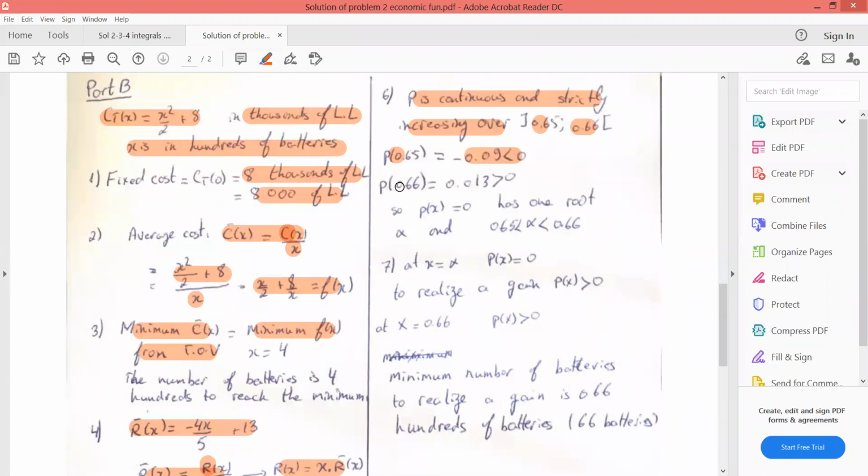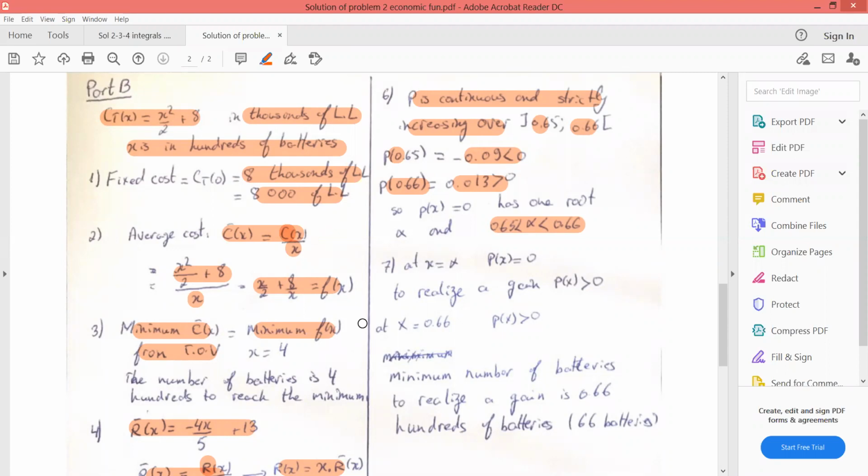And p of 0.66 we replace, and we get positive. So p(x) equals 0 has one root alpha, and alpha belongs to 0.65, 0.66. Please, any questions? No. The last part, 7.